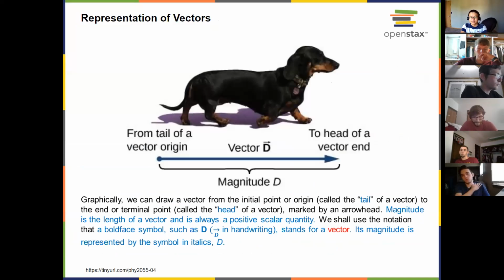To express a vector graphically, you draw a straight line with a starting point, which we call the origin or the tail of the vector, and an arrow on the other end, which we call the end or the head of the vector. In handwriting, you want to put an arrow on top of a letter if you use a letter for that.